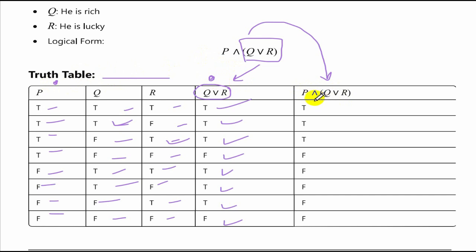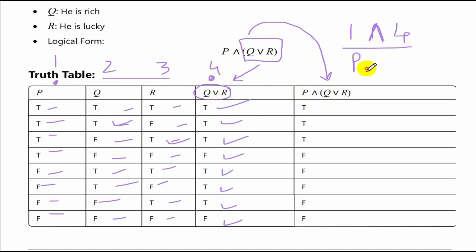So P and this one. Let's number this table 1, 2, 3, 4. So basically what we are doing is 1 and 4. We do it this way for this table, 1 and 4. So that is P and this entire thing, the fourth column.